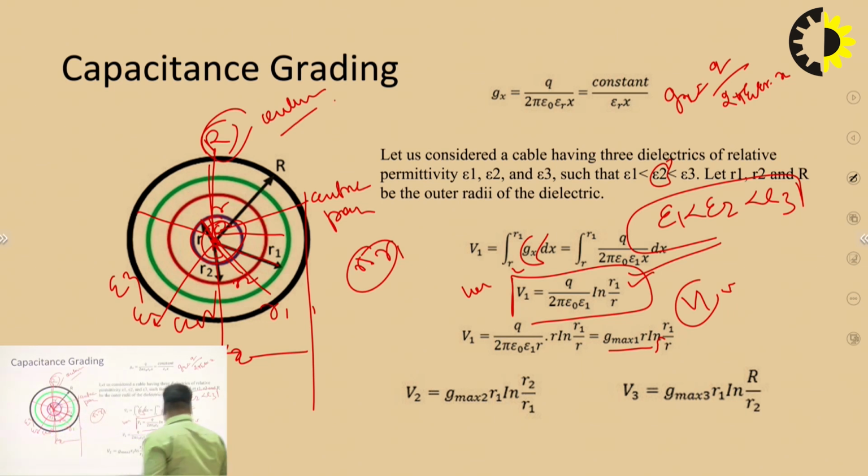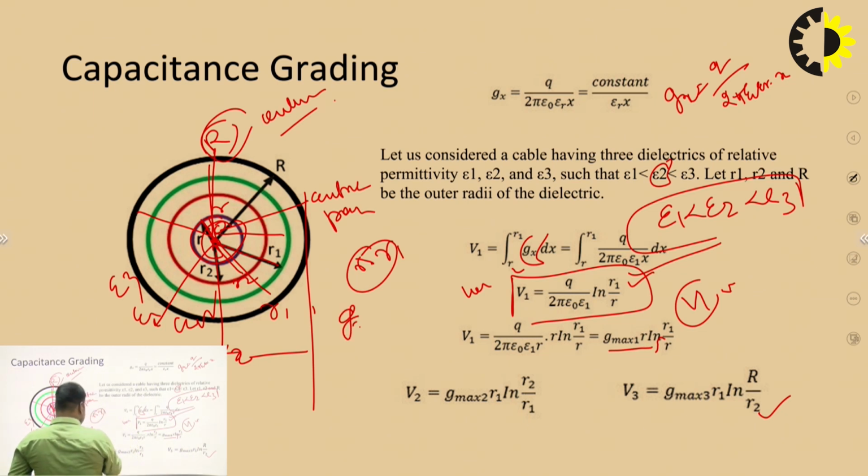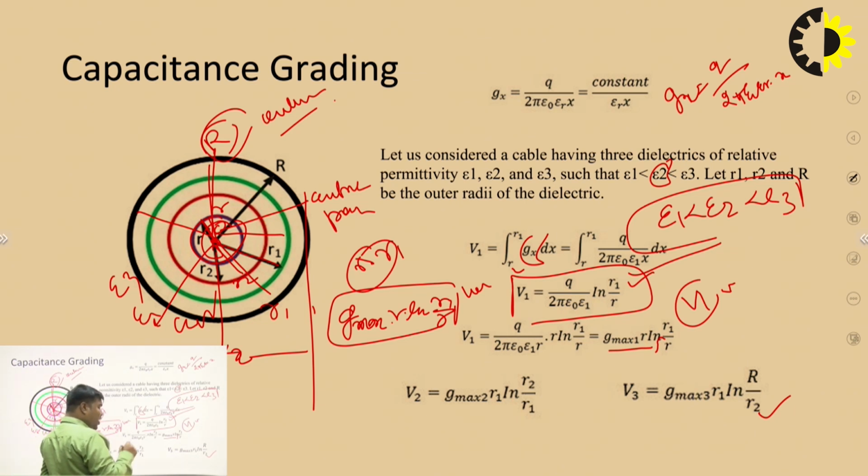So V1 is G max into r ln r1 by r, and V2 is G max into r1 ln r2 by r1.